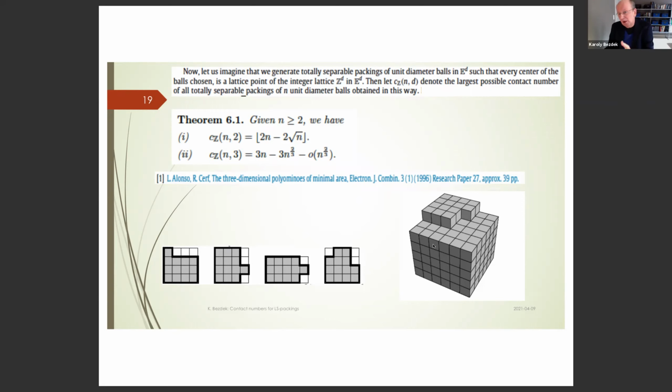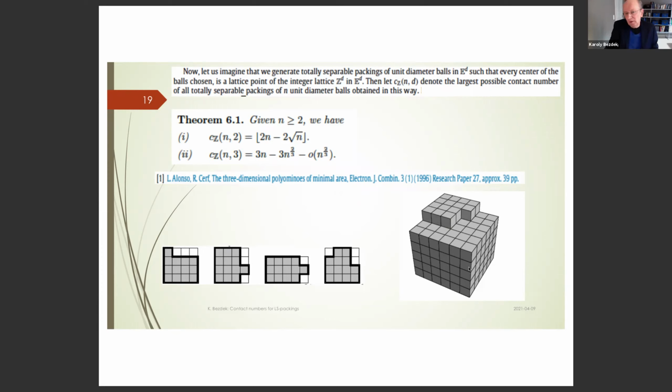Similarly, in 3-space, the isoperimetric problem is how to position n unit cubes, chosen from the unit cube tiling of 3-space, such that the union of the n chosen unit cubes has minimal surface area.